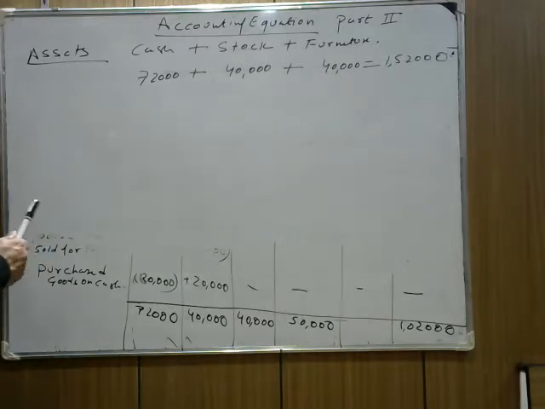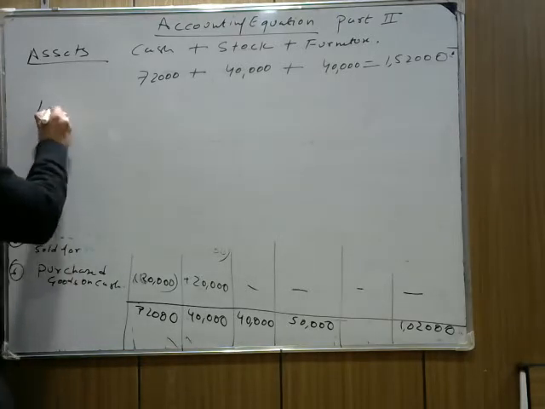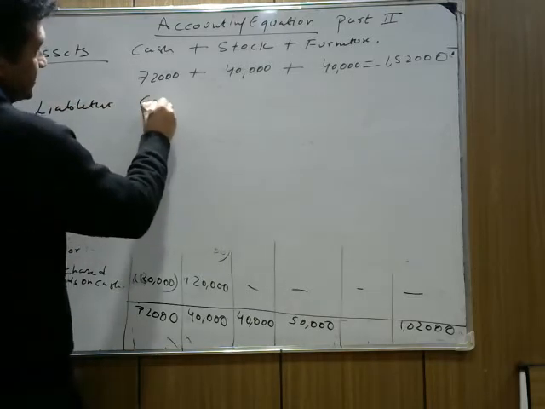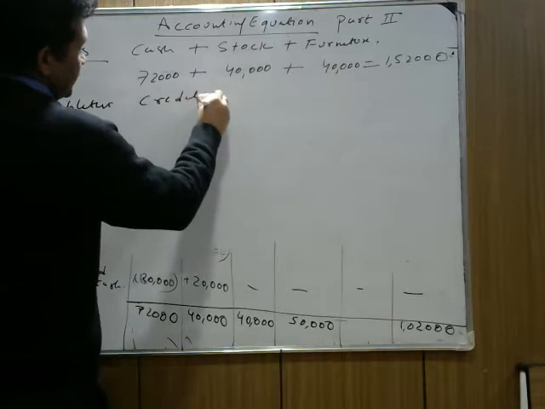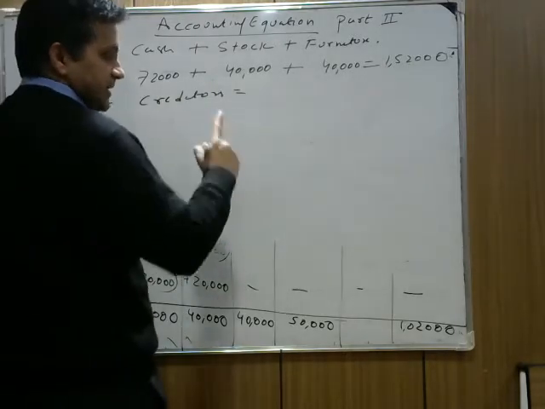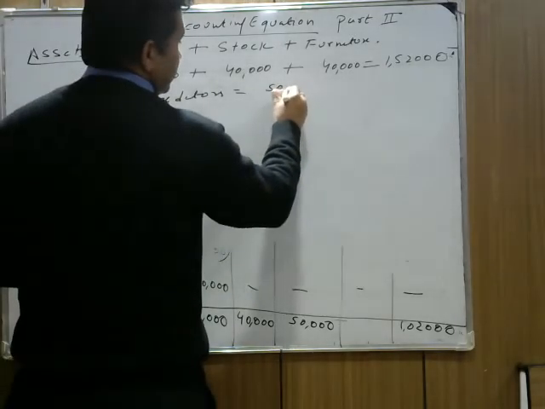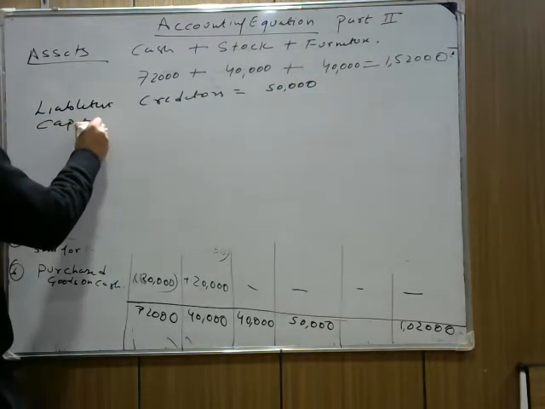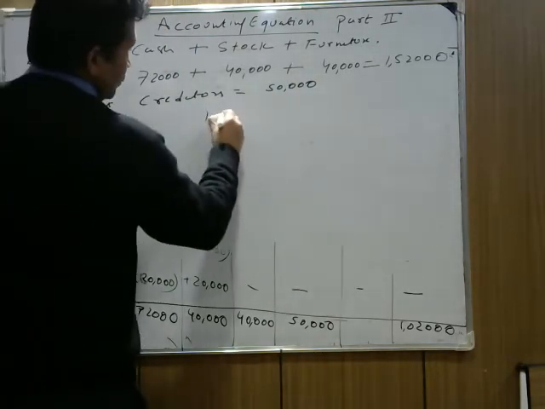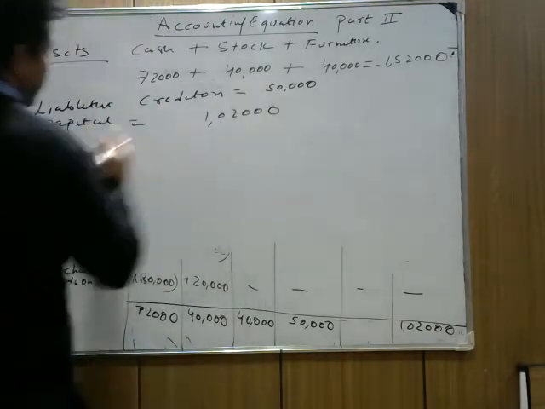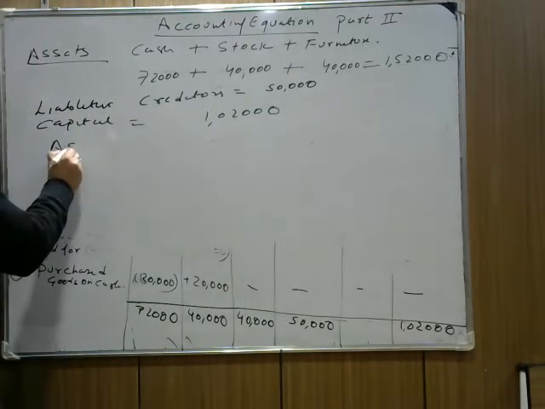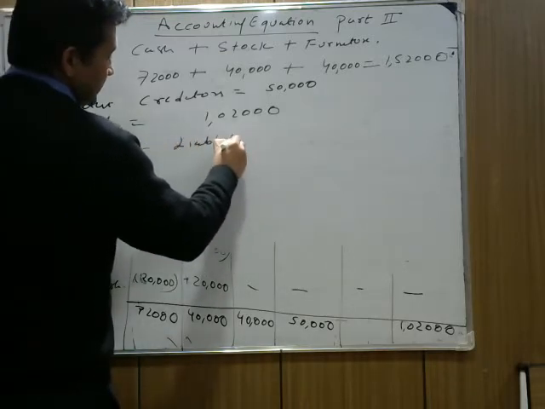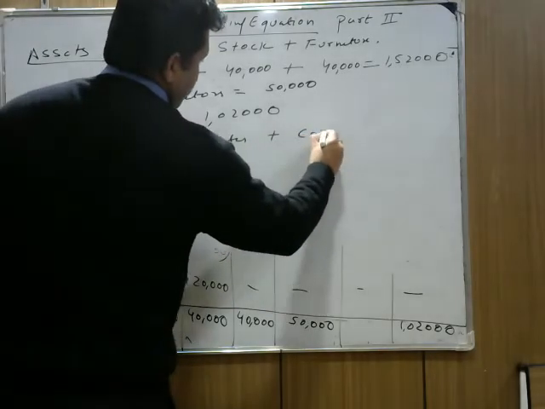Okay, now check your liabilities. Your liabilities are your creditors, which are worth how much here? 50,000. And your capital is 1,02,000. Now check the accounting equation. It will say that assets is equal to liabilities plus capital.